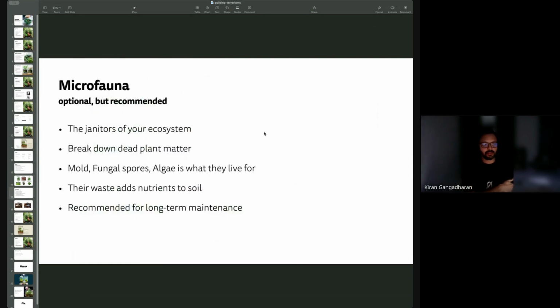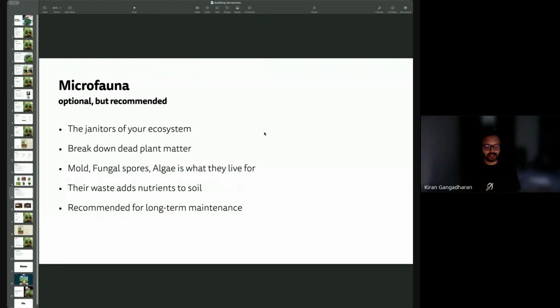The final piece of making all of this work is having some microfauna, that's the general term.